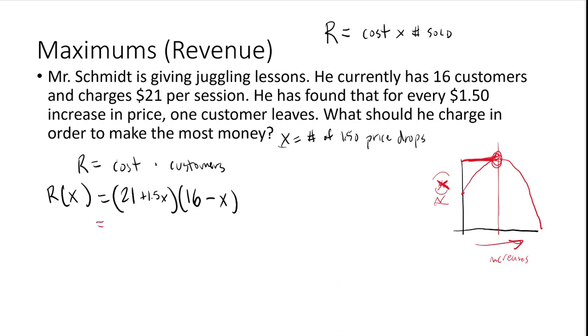We're going to have 21 times 16 is 336. Right? 21 times negative x is negative 21x. 16 times 1.5x is 24x.